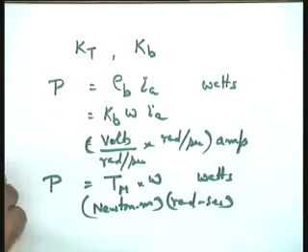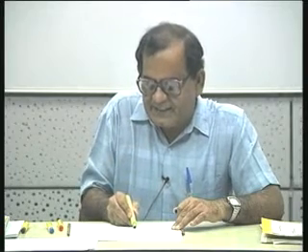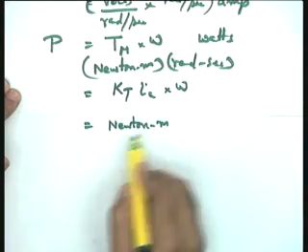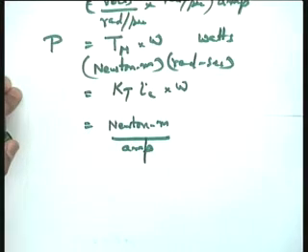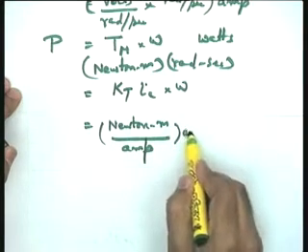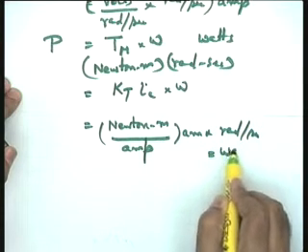Now, interpret this in Kt terms. This can be made equal to Kt into Ia into omega. What is Kt? Kt is Newton meter per amp. This is your Kt, Newton meter per amp. You can look at the block diagram also, that will also give you the same thing, into amp into radian per second. This is in watts.